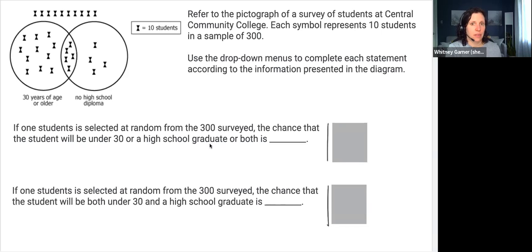What do you notice about the Venn diagram that you've been given? The categories that you care about, under 30 and high school graduate, aren't the ones they selected for this graphic. It's the opposite.